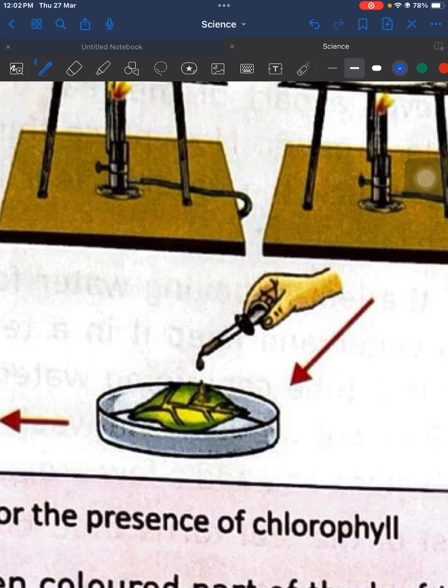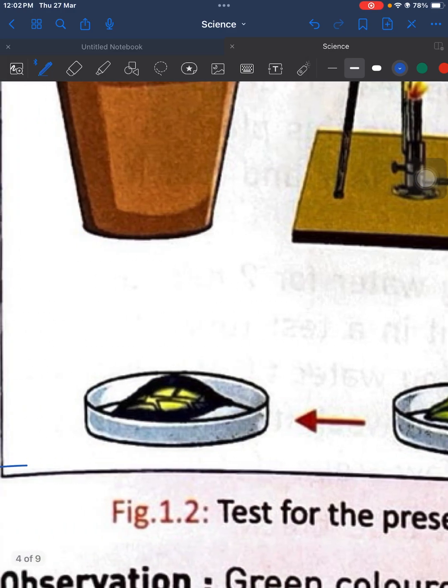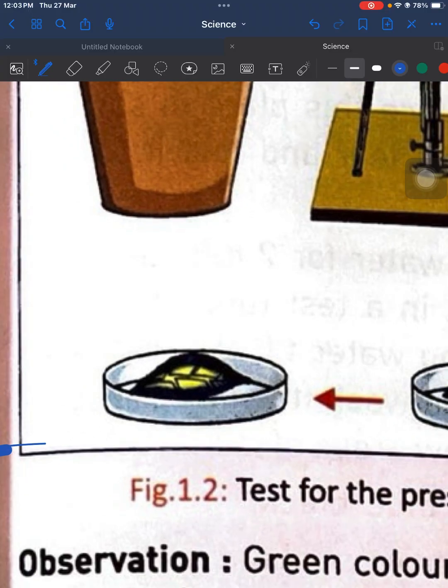Now we pour the iodine solution. After pouring the iodine solution, we can see that the areas which were green in color, which means where chlorophyll was present, synthesized starch, and under the iodine solution that starch turns blue black.